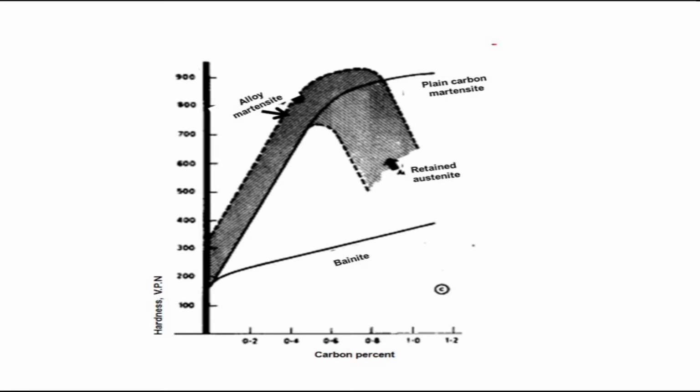Using resistivity measurements to monitor the growth of individual plates of martensite, especially in iron nickel alloys, it is found to be 800 to 1000 meters per second. That is done by Nishiyama et al. So that means growth is rapid.